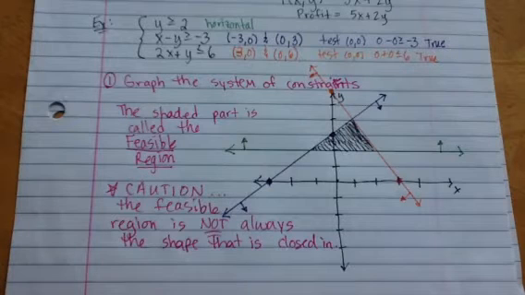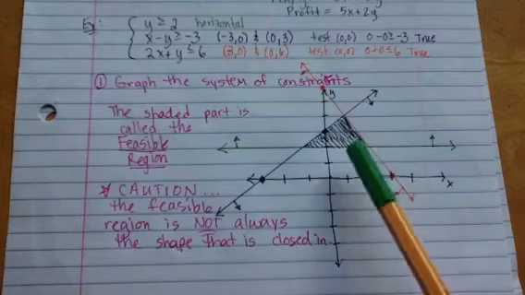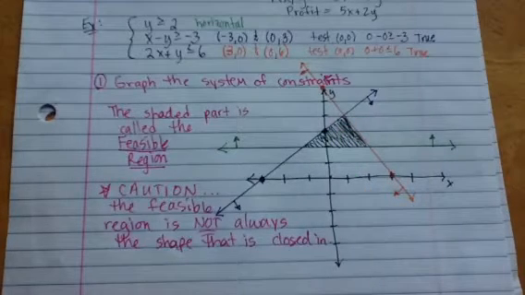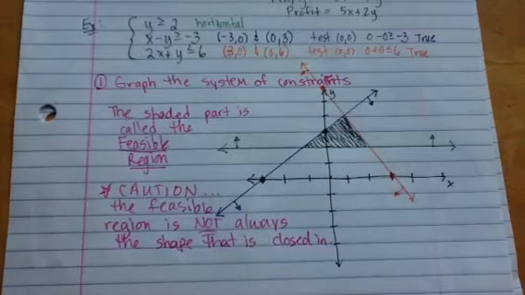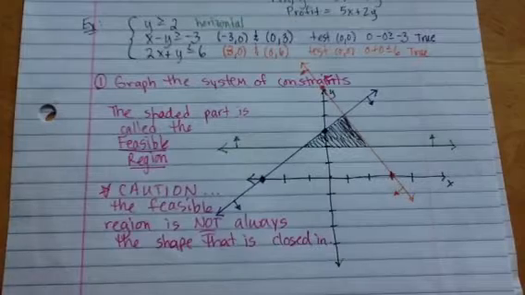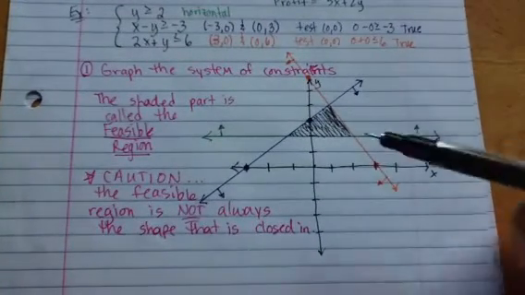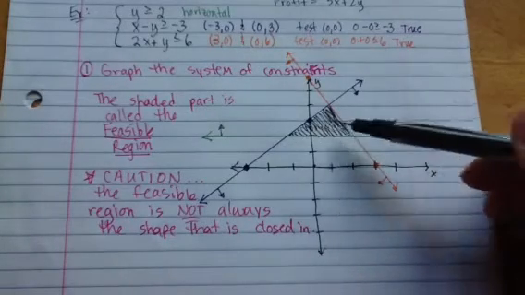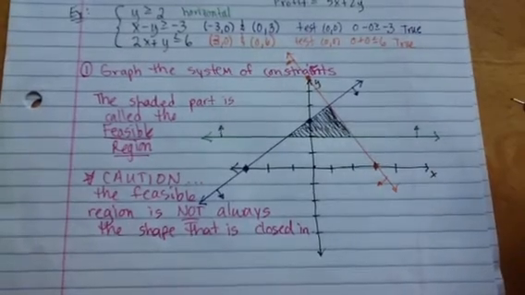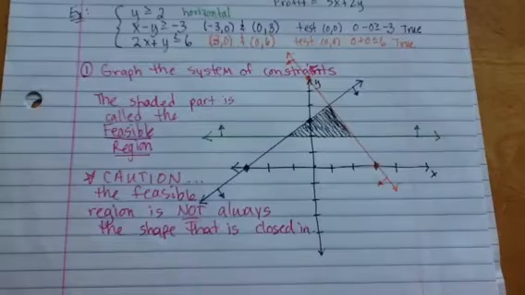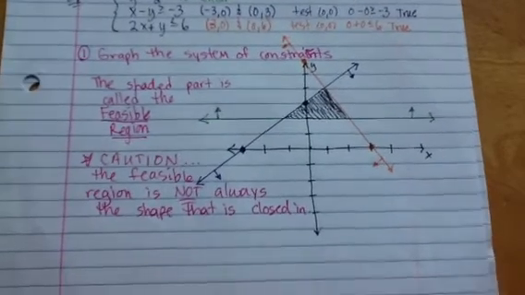So here's one kind of cool thing about linear programming: the part that we just shaded in, that feasible region, every point in that feasible region is a possible solution to our problem. So if we were in a real world situation, every point within this region would fit all of our restrictions. So let's go ahead and make a note of that.